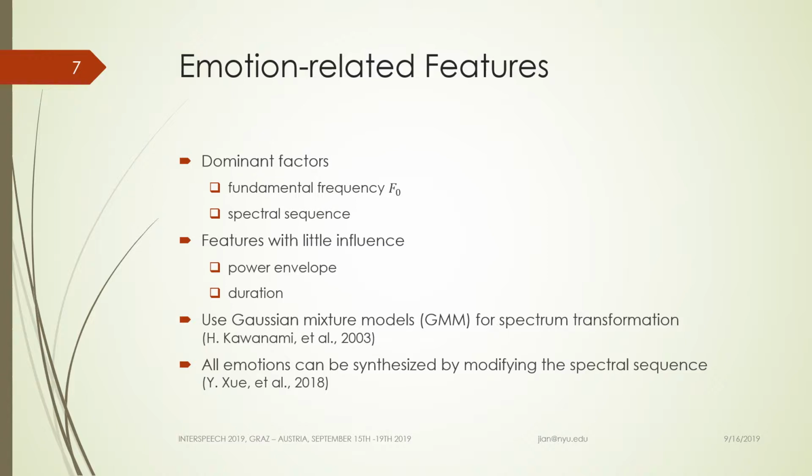They investigated their impact on emotional speech systems and found dominant features are fundamental frequency and spectral sequences. They also claim that all emotions can be synthesized by modifying the spectral sequence only.